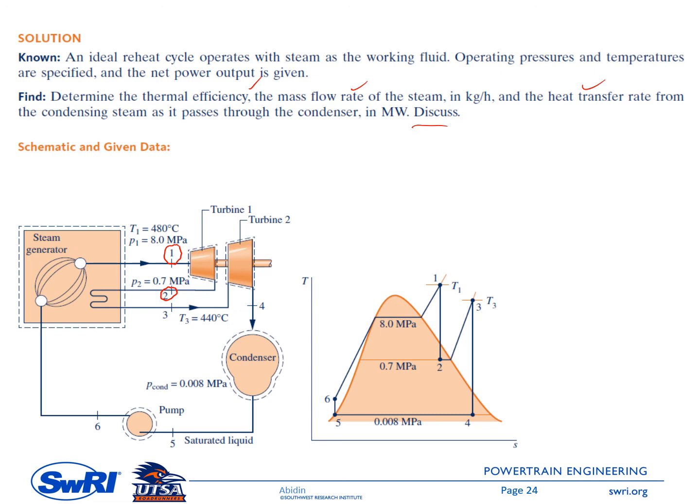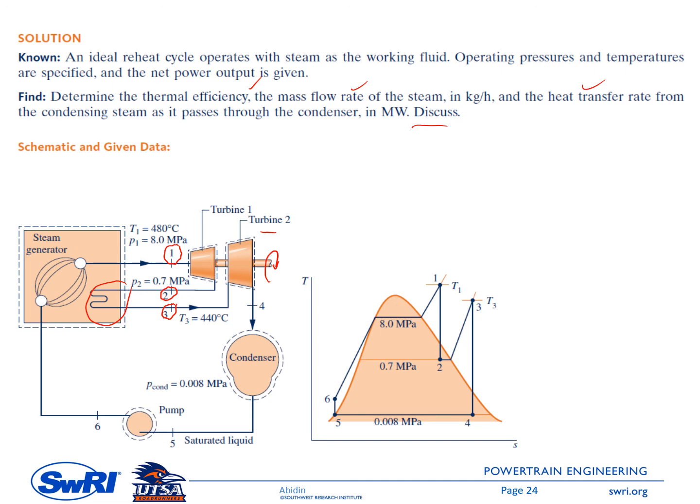And then the working fluid is reheated inside the reheater, this one. And then it exits at point 3 here, and the temperature at point 3 is given. It is 440 degrees C. And then it goes through the second stage turbine, and then there will be power generated by the turbine here.